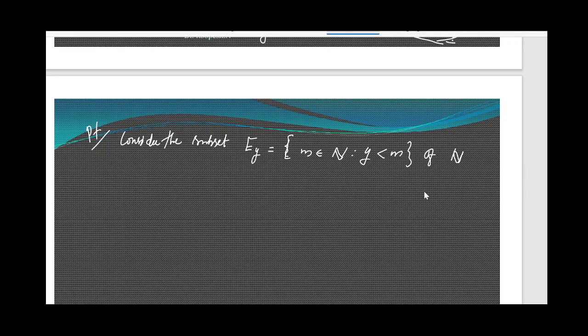That means if you are defining E_y, we want to have those natural numbers which are greater than this y. So E_1 is equal to the set 2, 3, 4, 5, etc. This is my E_1. Similarly, E_2 means I will get 3, 4, 5, etc. Like that. Okay, so this is my set E_y.